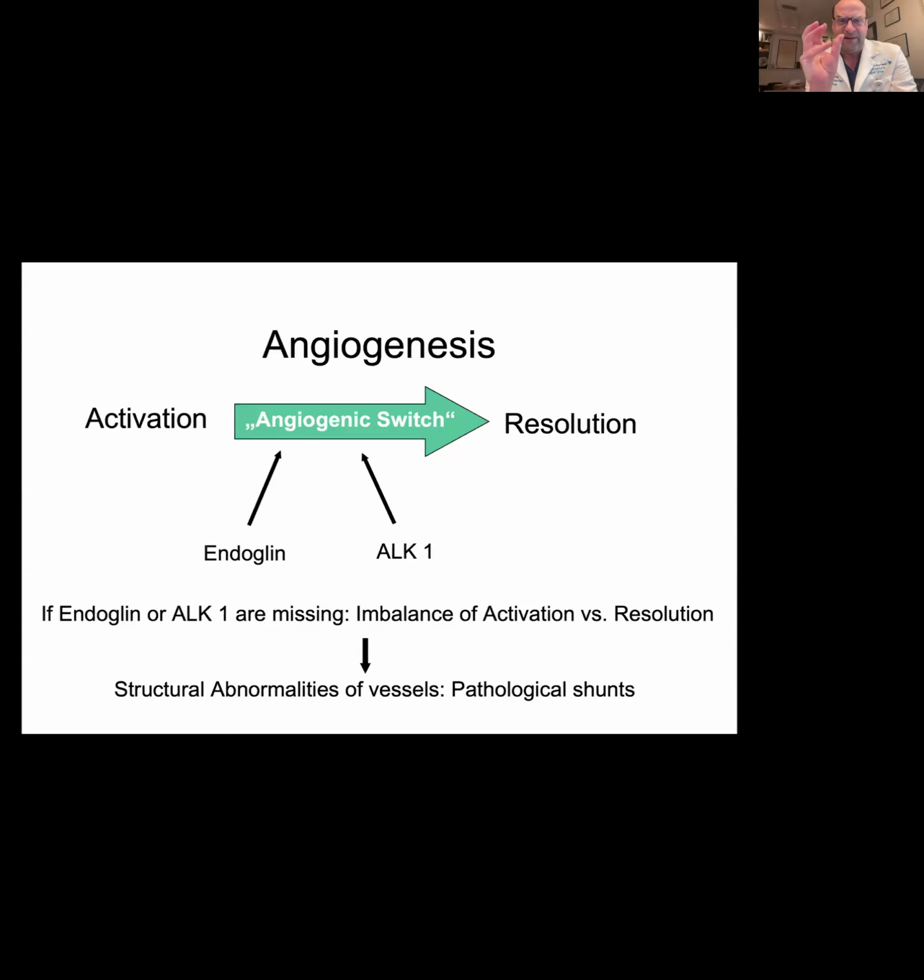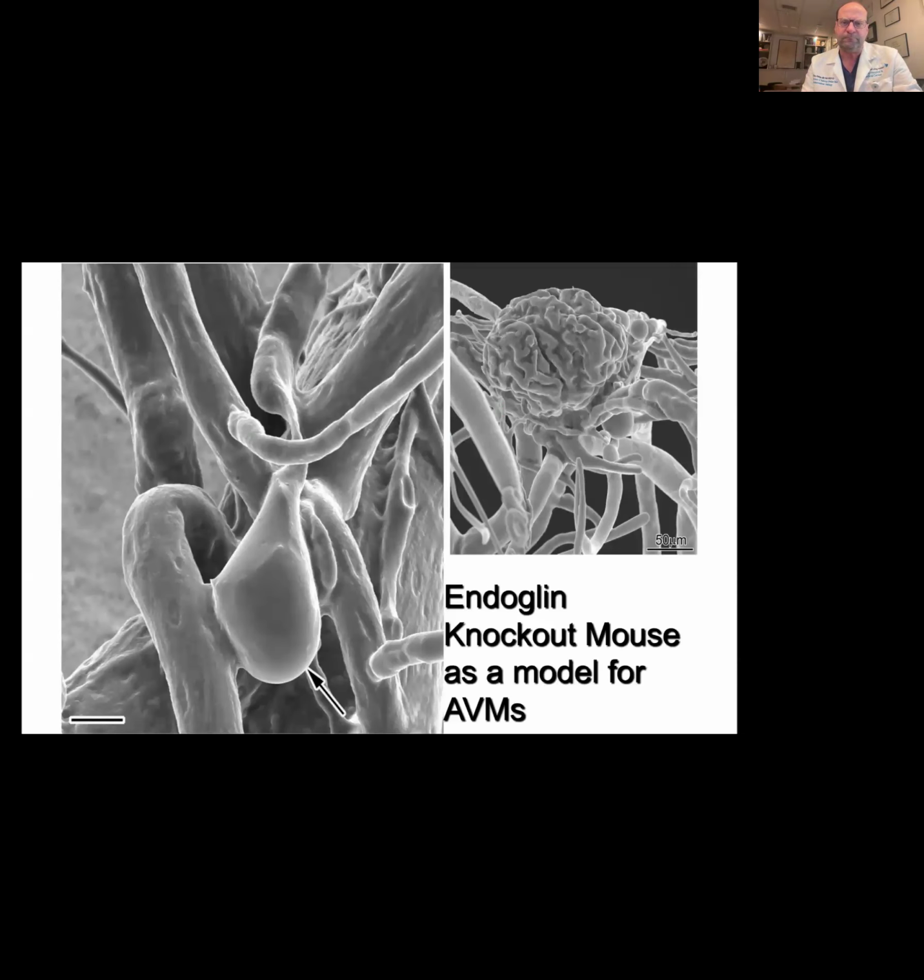Therefore, understanding angiogenesis is important to understand the genetic reasoning for developing abnormal vascular structures in not only your brain but also in your lungs or in your mucocutaneous tissues.